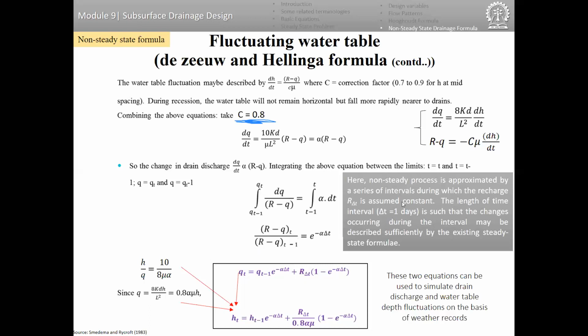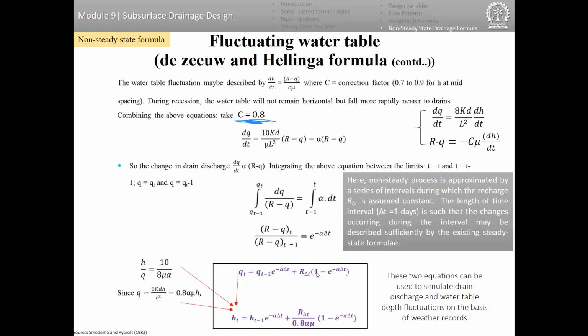So the non-steady process is approximated by a series of intervals during which the recharge R delta t is assumed constant. We consider a very small interval during which R delta t is constant, and in this way we approximate the non-steady behavior. We assume delta t is equal to 1, such that the changes occurring during that interval may be described sufficiently by the existing steady state formula.